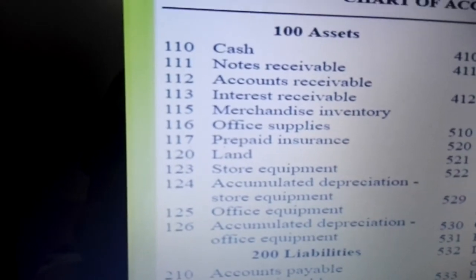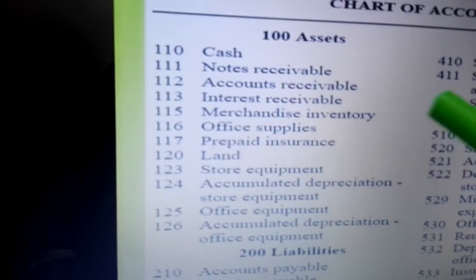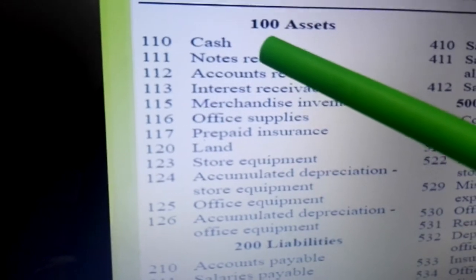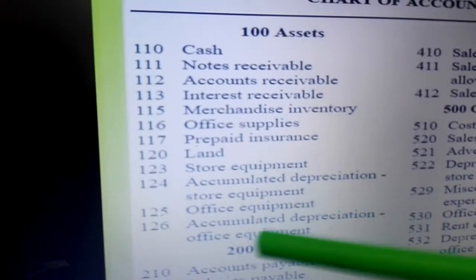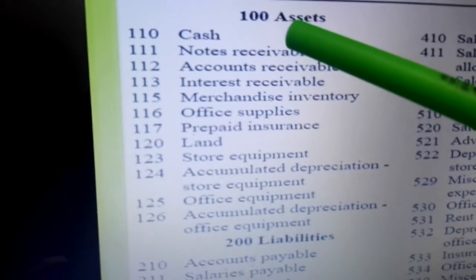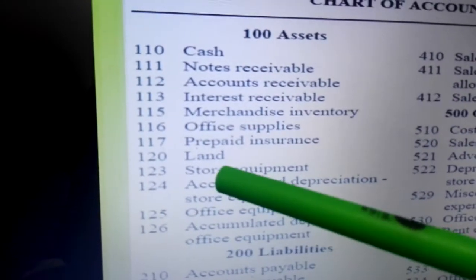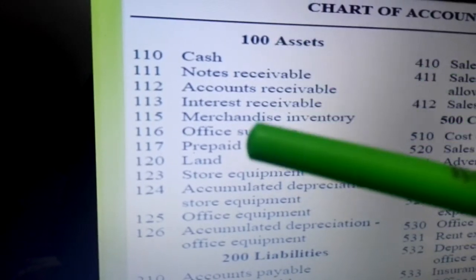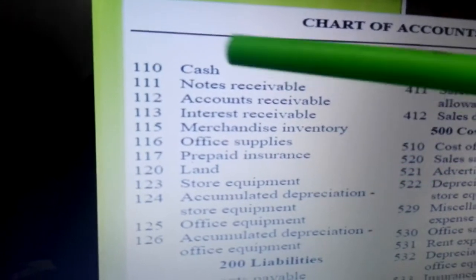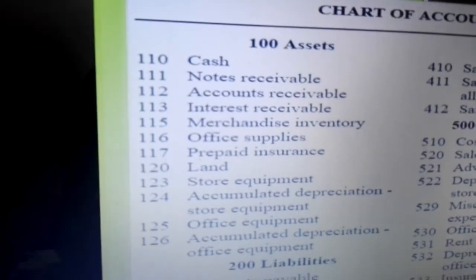So remember the effect. Whenever there is an effect in the cash, let's say decreasing, because you're going to use cash in any item to buy or purchase, then there will be a decreasing effect. But once you sold land, store equipment, or let's say furnitures, once you sold it, then there will be an increasing effect in the cash.